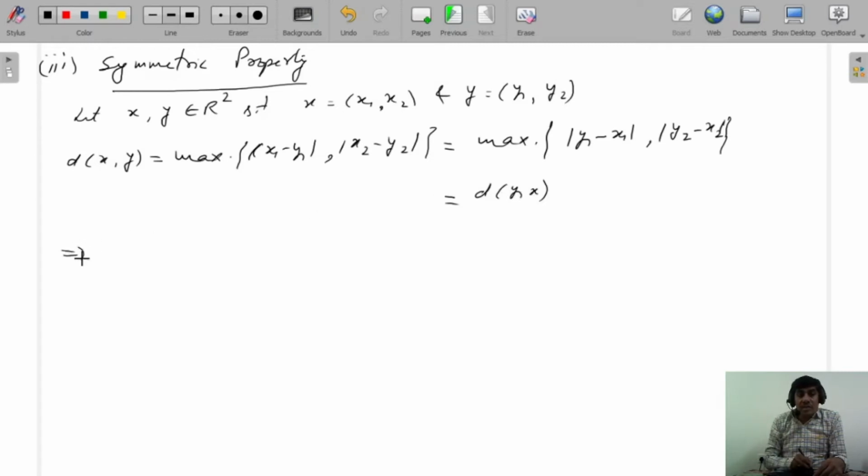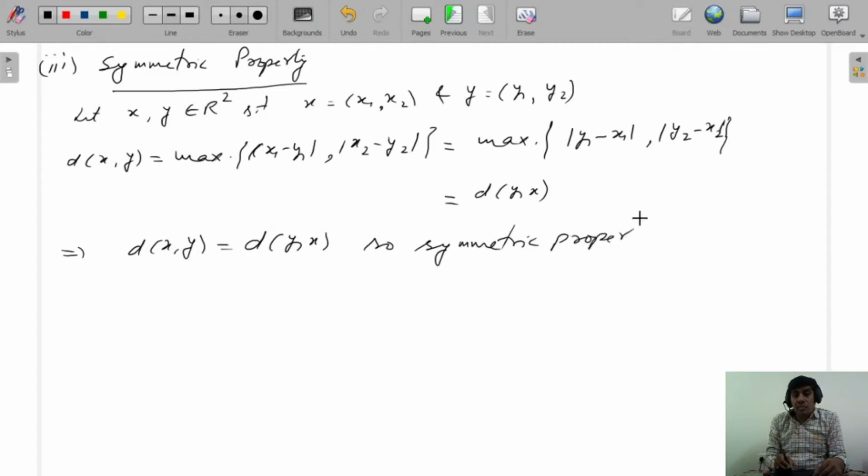This implies D(x, y) is equal to D(y, x). So, symmetric property is also satisfied.